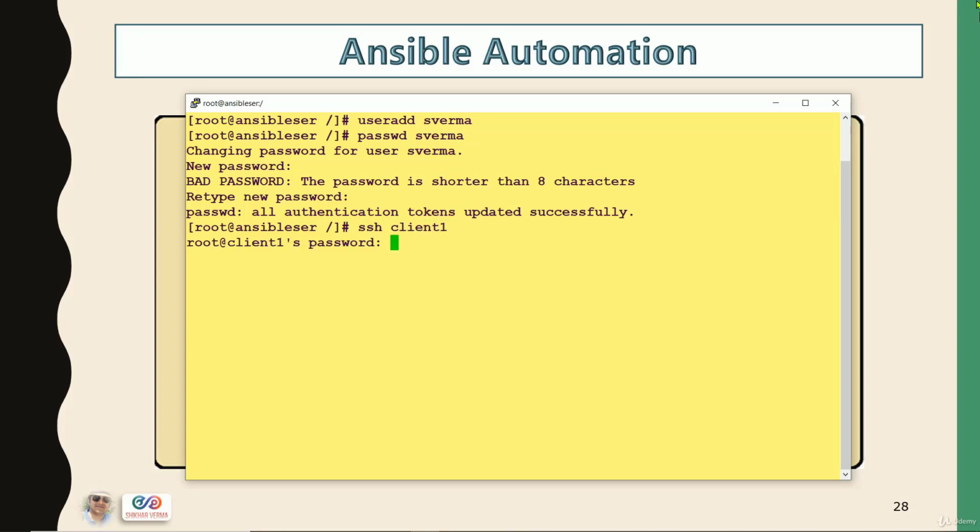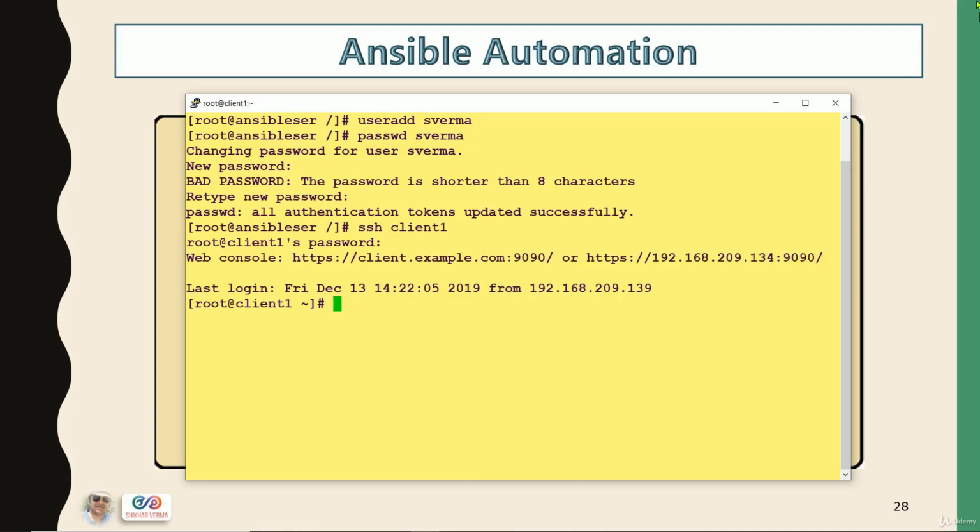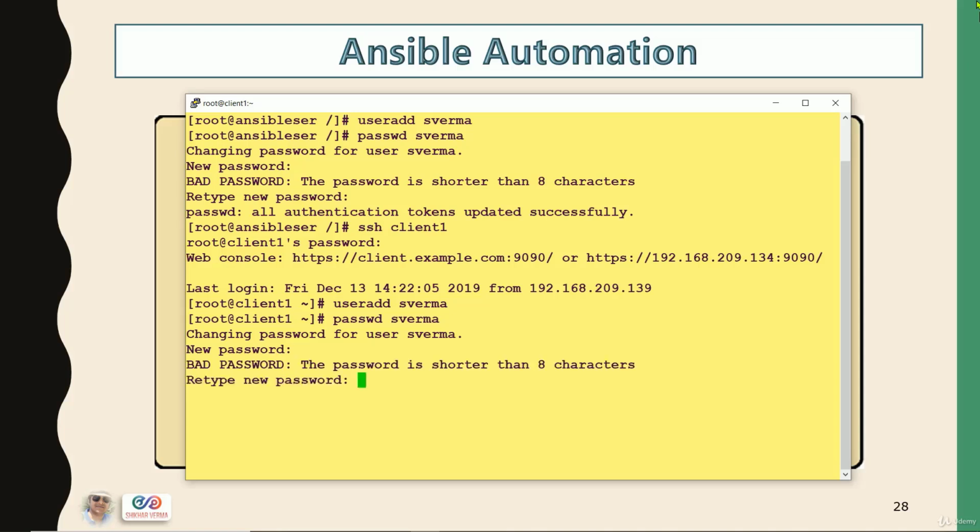So this is my first client. Here you can see that SSH is working, that's why I'm able to log in from my Ansible server to the client machine via SSH. Here I need to create a user as Verma. That's done.